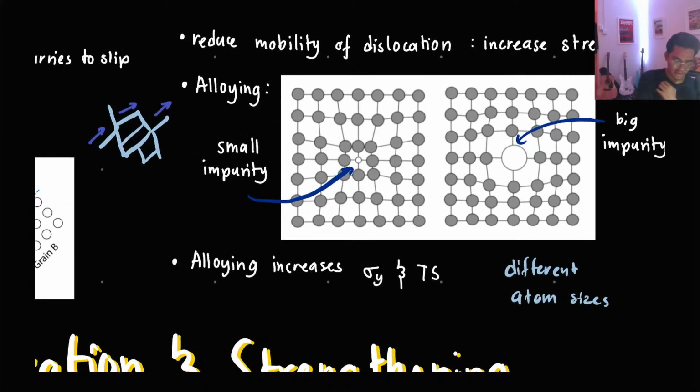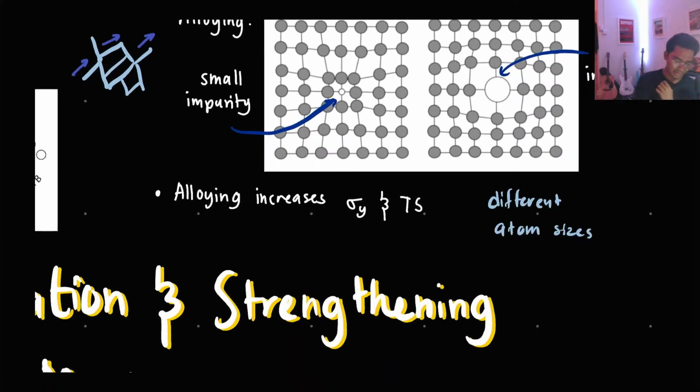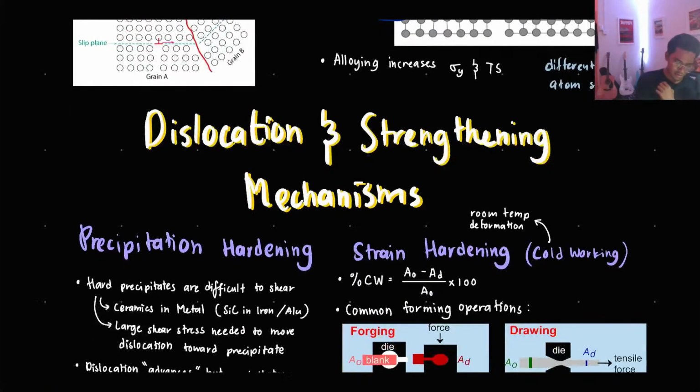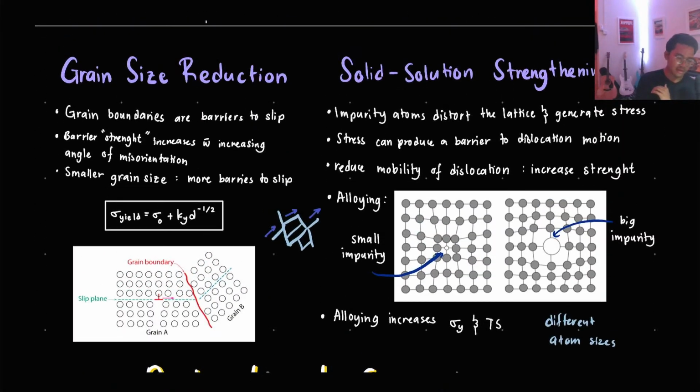With different atom sizes, you can mix the different compounds, and then you can generate what we call impurities. There are two types. If the atoms are smaller, it is called a small impurity. If it's a big atom, it's a big impurity. So far it's quite easy actually.